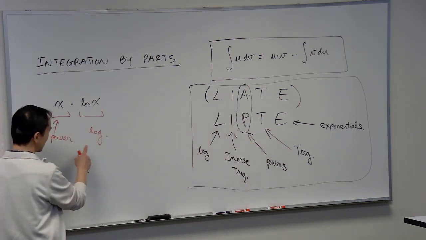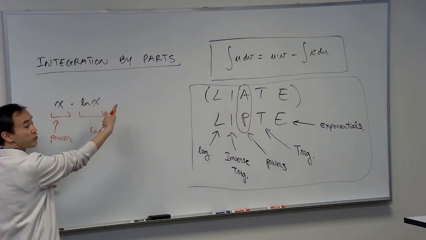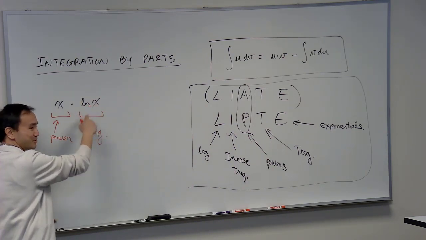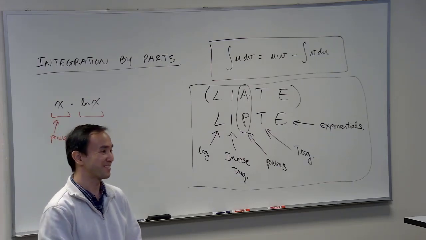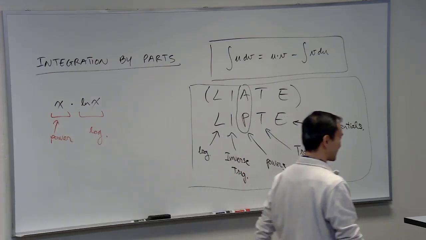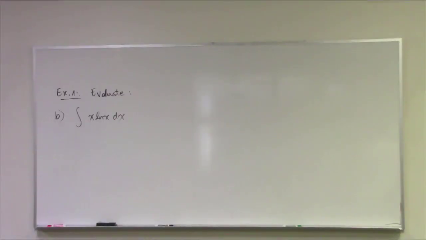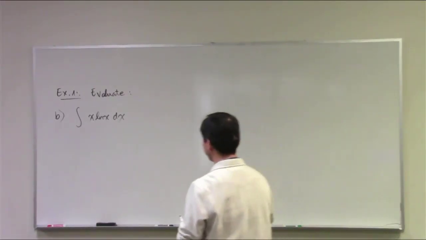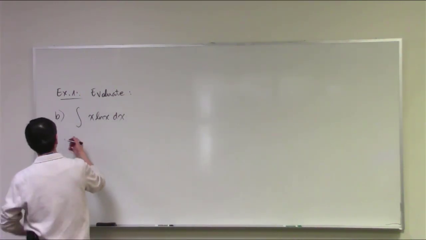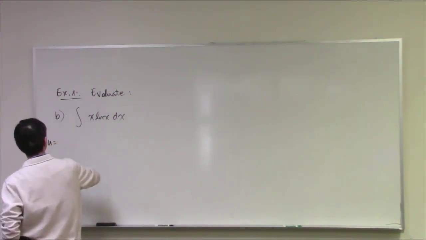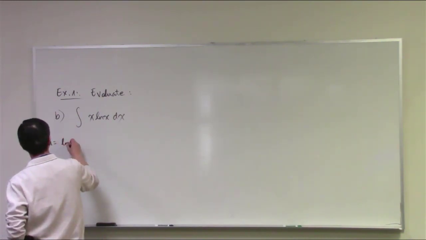So that means we should choose, and it's just a suggestion, the logarithm, the higher priority one, to be chosen as your u. And in that way, I'm going to take that idea and bring it into the actual problem. u equals natural log of x.